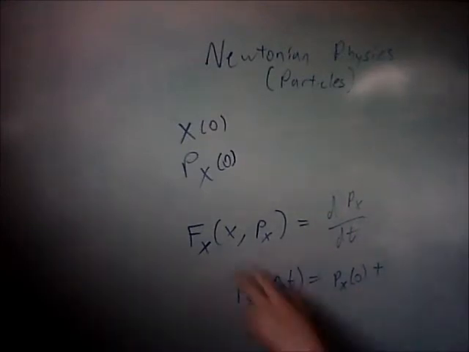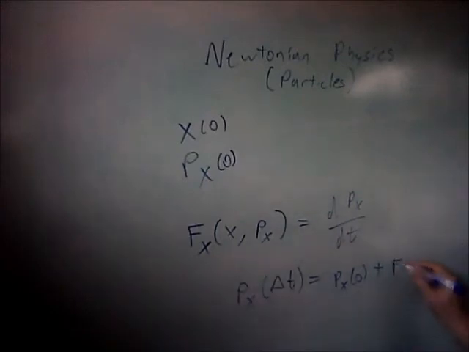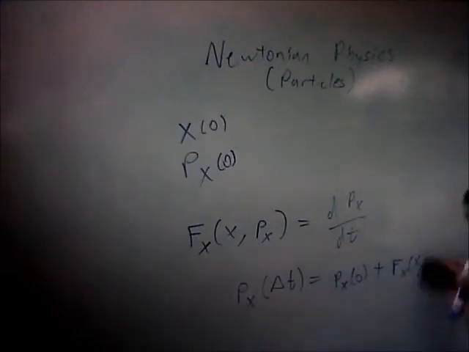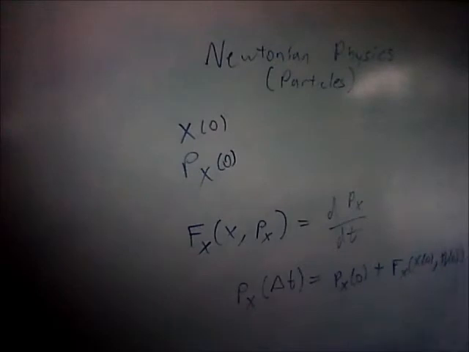All you have to do is plug this in. F sub x at x of 0, p sub x of 0, times delta t.